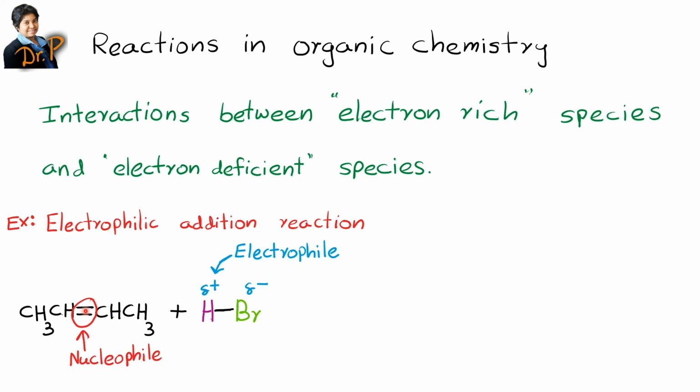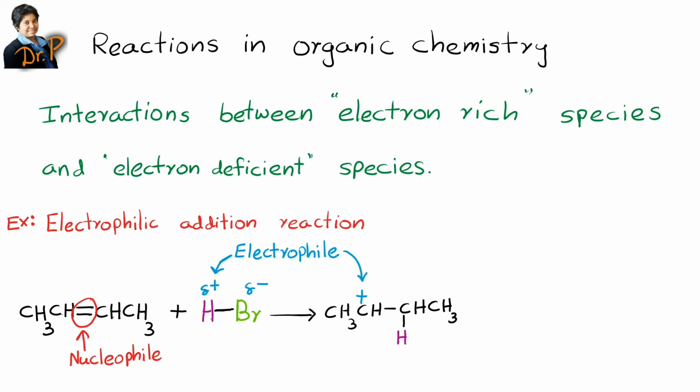So the electrons here get attracted towards this electrophile, resulting in a carbocation as shown here. And you can see how this hydrogen has been added. Now what this positive charge means is that we have another electrophile created.